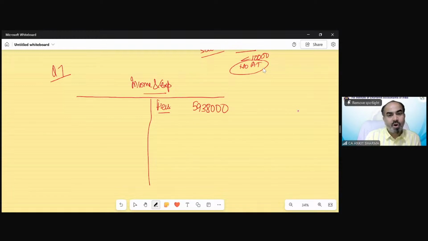Fees was 59,38,000. Now the allowable expenditure: salary was given in that question, 21,50,000. Administrative expenditure was 11,48,000. Rent was 30,000.